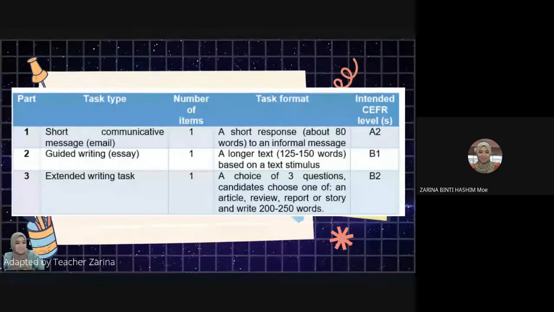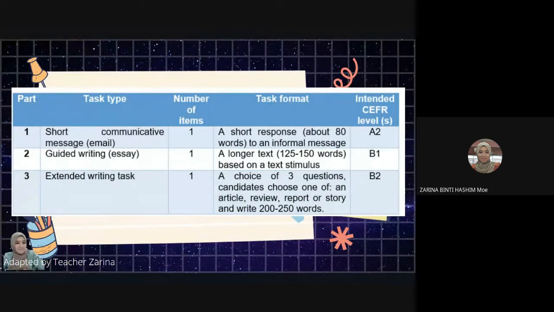For part three, this is an extended writing task, which you have three questions to choose. Most probably question number one will be article, question two is review, and question three is either report or story.